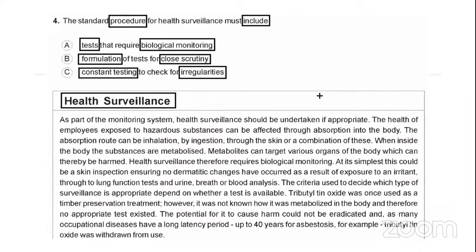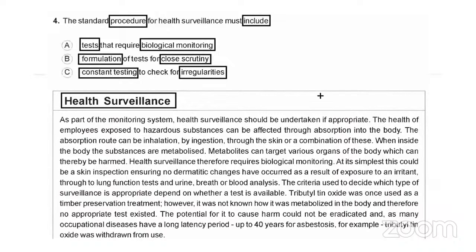If you consider this very carefully, you're going to observe procedure. Health surveillance means what? Surveillance means monitoring. So why are you monitoring? For checking, for discovering something, any changes. So health surveillance therefore requires biological monitoring.